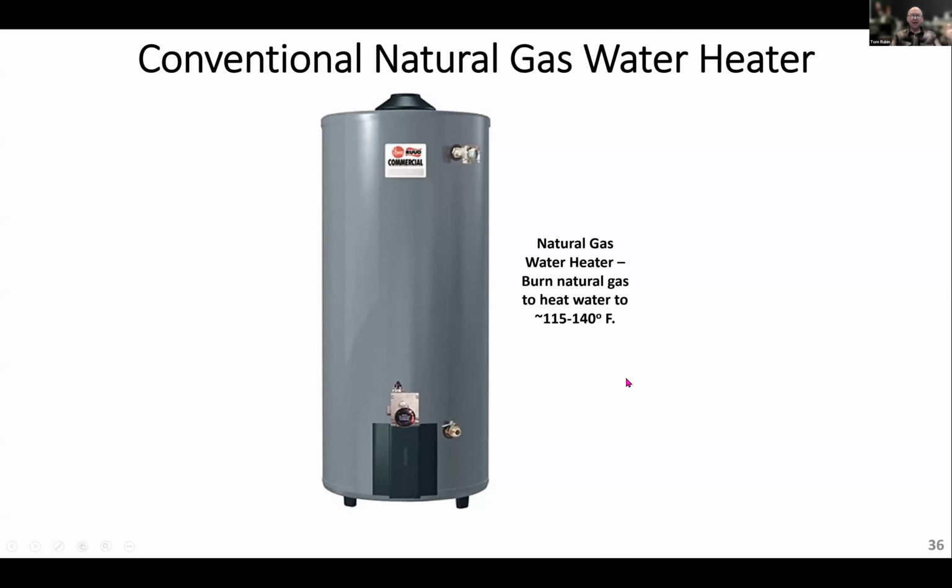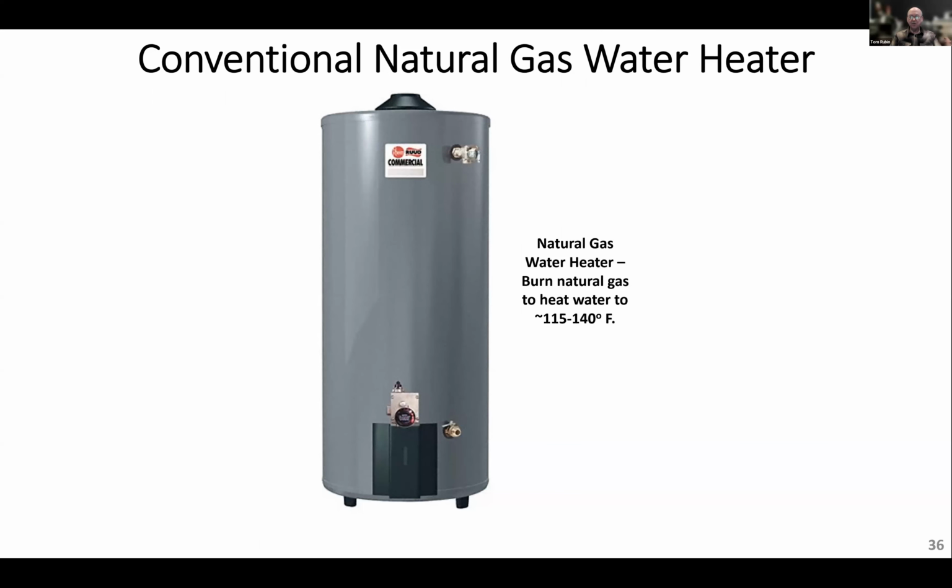Now, here's the old style. This is fairly simple. The natural gas goes to a natural gas water heater. You burn the natural gas to heat the water to 115 to 140 degrees Fahrenheit. That's it. Pretty simple.